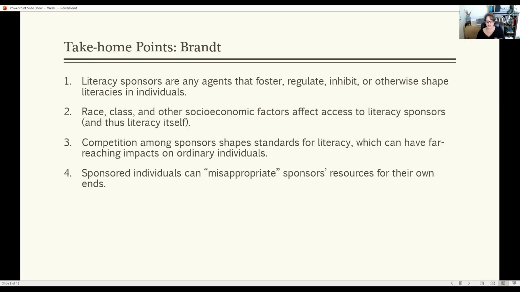So you can have that kind of competition among sponsors, and that shapes our standards for literacy, right? And it can have far-reaching impacts on people. Sponsored individuals, as I said before, can misappropriate sponsors' resources for their own ends. So that's Brandt in a nutshell.